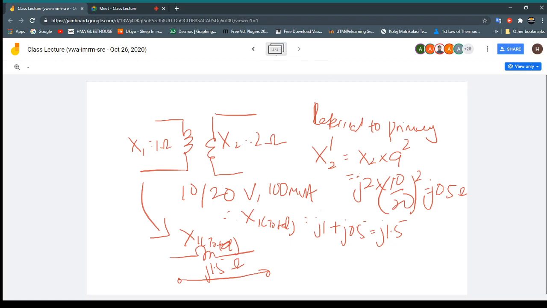Right. So can you refer the quantity to the secondary side? So what do you get? Can you try? Refer to secondary.